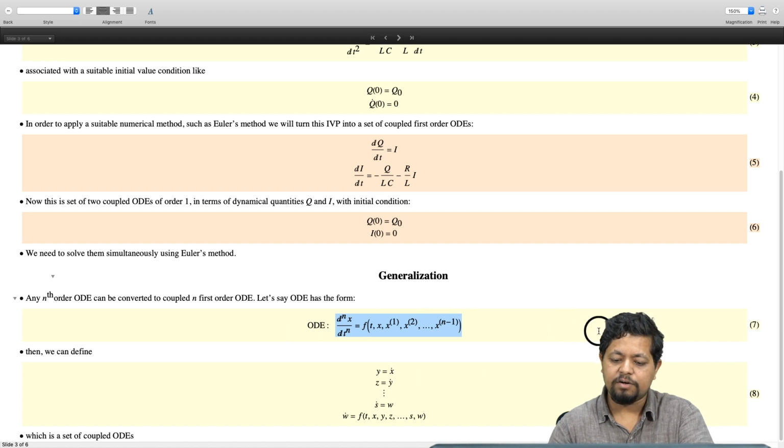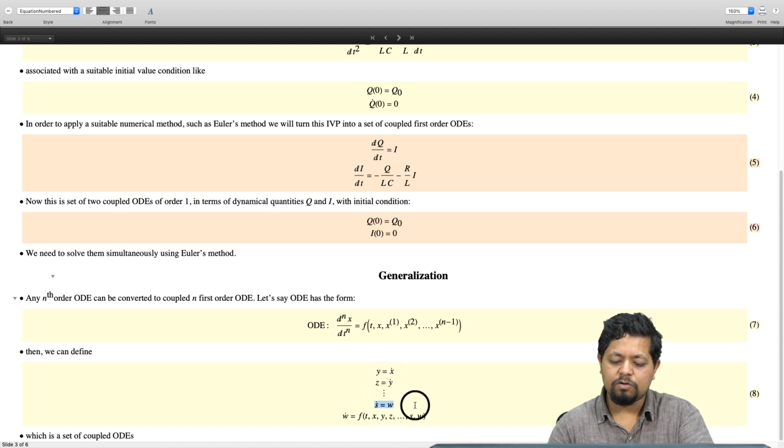Such an equation I can reduce to a set of ODEs by using the following trick. Starting with x dot, I will define x dot as y, and then I can take x double dot as d by dt of x dot, which is y, so y dot becomes z, and so on.